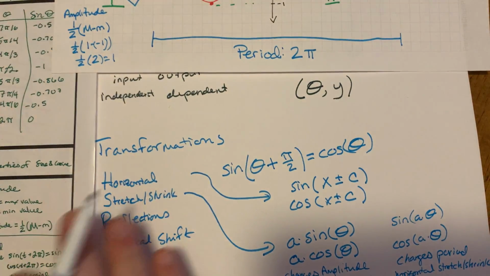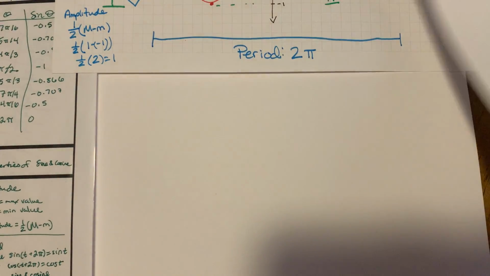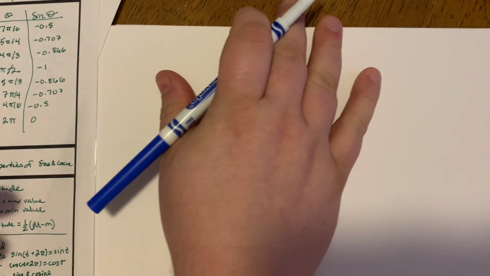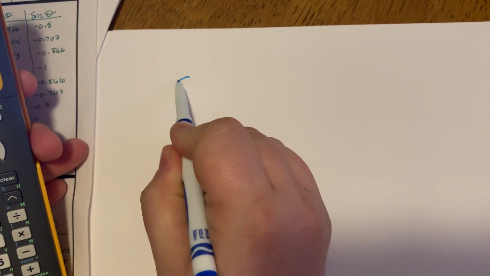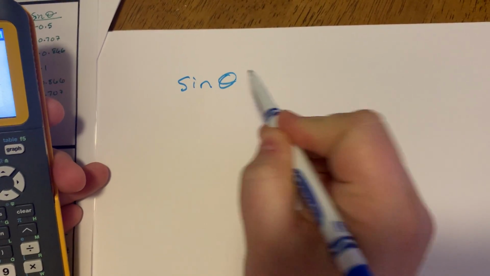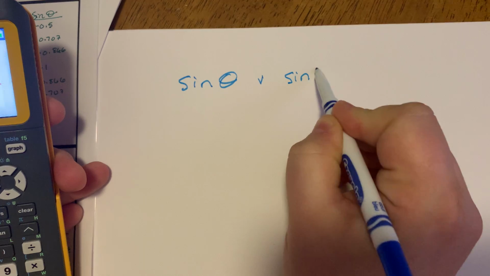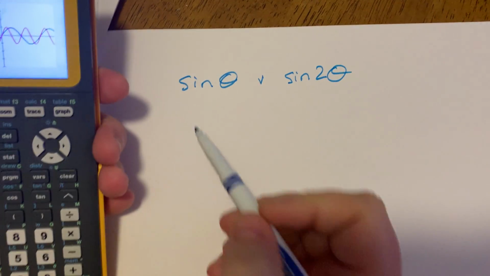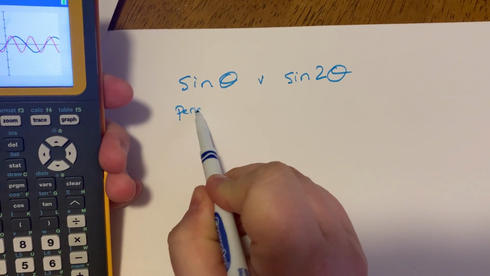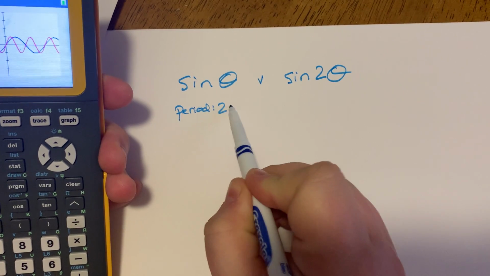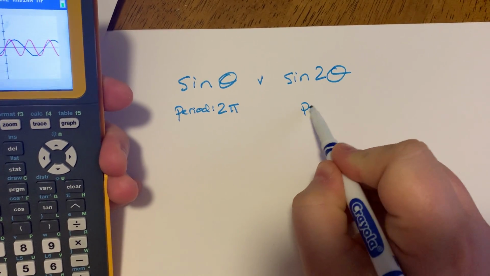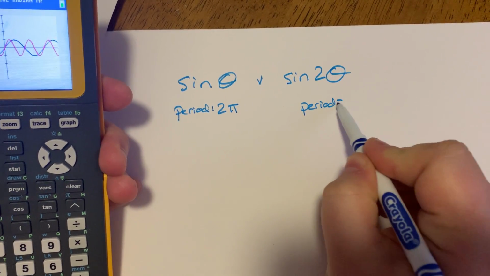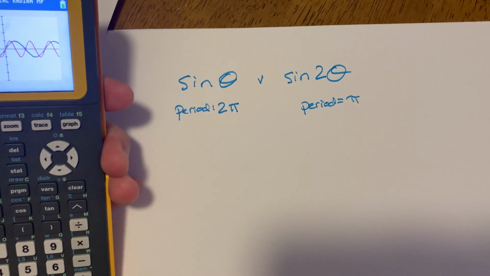So if we have, and let me get a new piece of paper, sine of theta versus sine of 2 theta, here the period is 2 pi, but now the period is just pi.